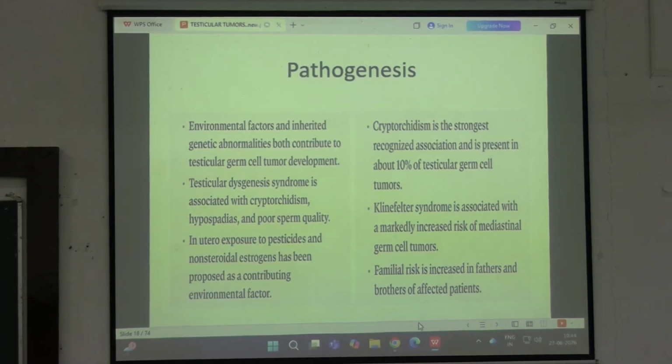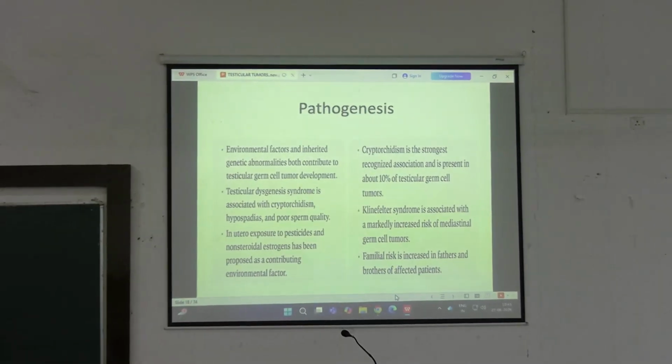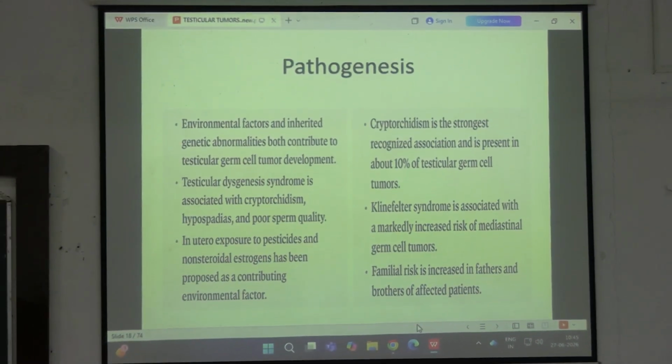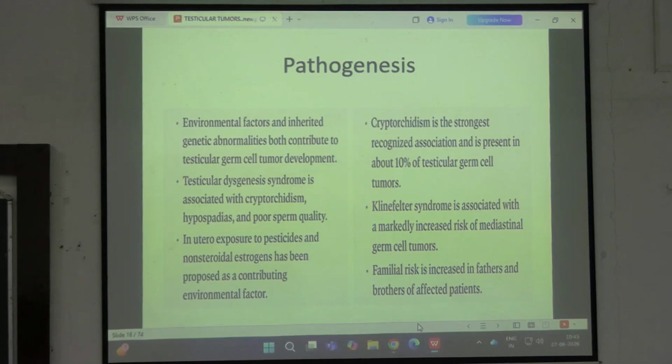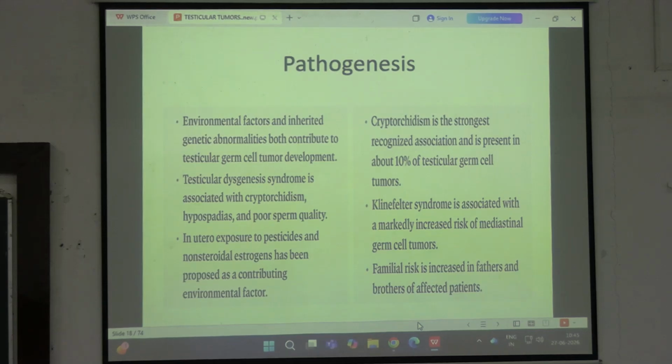Okay. Now coming to the pathogenesis, we have already discussed the pathogenesis in the beginning of the class. We will just go through it. So, environmental factors. What did we discuss in environmental factors? Yeah, and genetic factors, both.